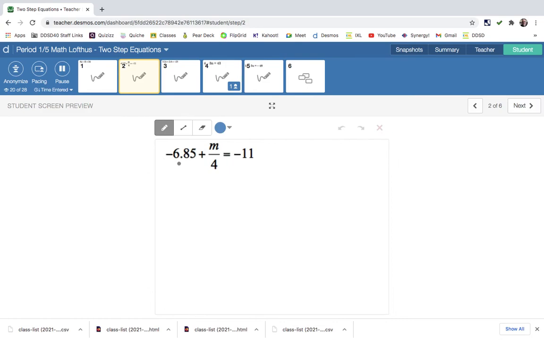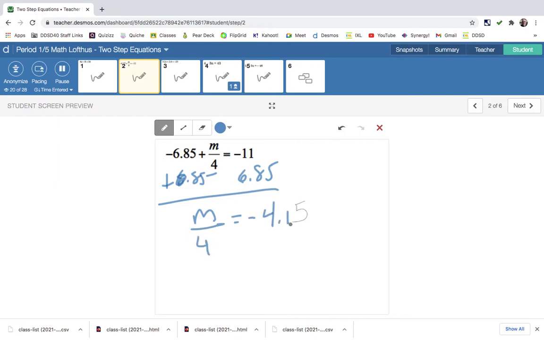On the next card, you have to add 6.85. So m divided by 4 is equal to negative 4.15.